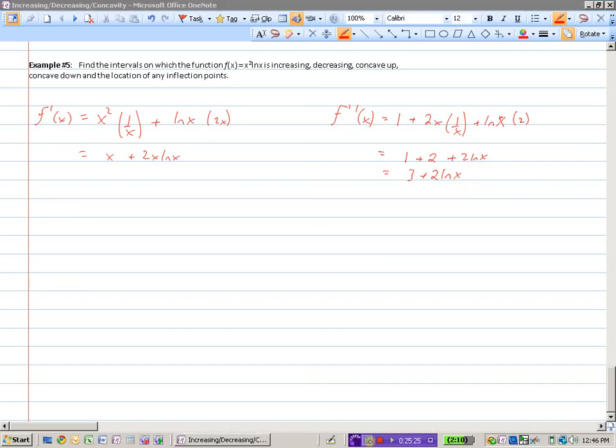And now I need to find out where it's increasing or decreasing. So I'm going to find out first, where is this function's slope equal to 0? So here's the derivative. Where is it equal to 0? And I can factor out x in this equation.